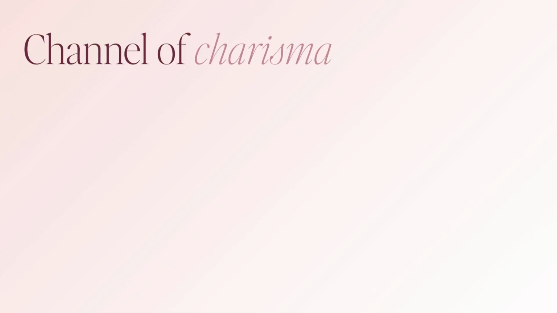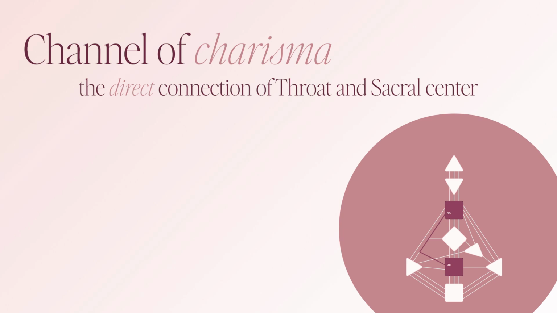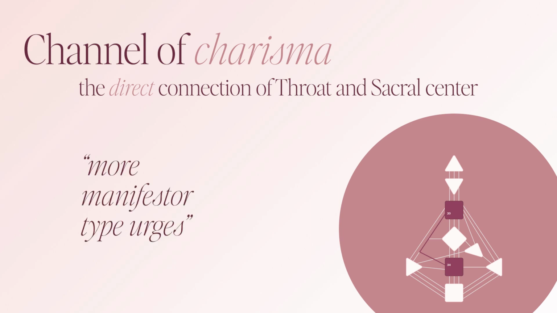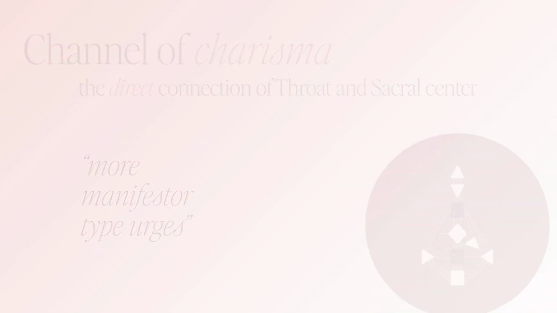So let's look at this as a spectrum. When you're a Mani-Gen, you're always a generator first. Even as a direct Mani-Gen, you're still a generator first, which is why checking out this generator video will truly serve you. It's all about the sacral center and how to respond, so make sure to check that out. Now, looking at this spectrum that lives within you and different points on this spectrum, if you have the channel of charisma, the direct throat center to sacral center channel, that means you will experience more manifestor type urges.